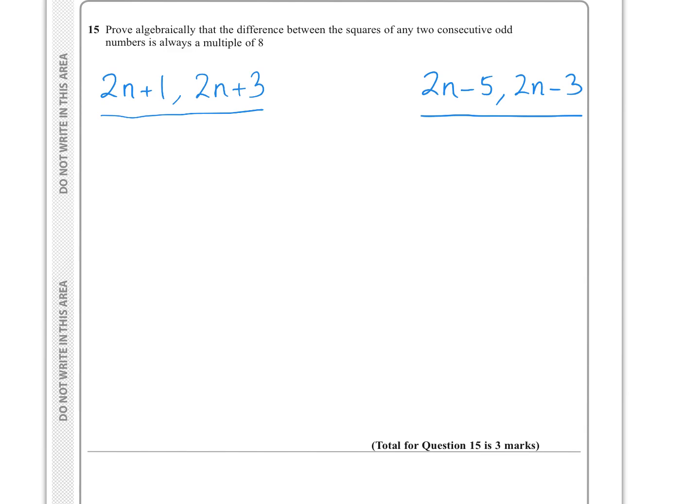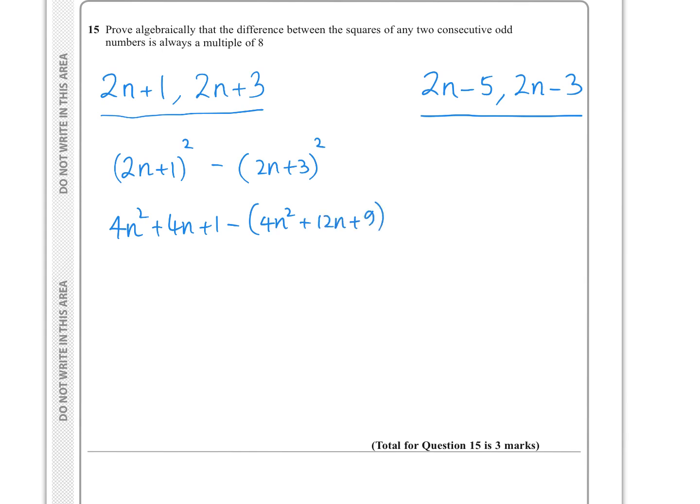So for the first one, it says that the difference between the squares of any two consecutive odd numbers is always a multiple of 8. So that's 2n plus 1 squared, take away 2n plus 3 all squared, or you can do 2n plus 3 all squared minus 2n plus 1 all squared, doesn't really matter. So we've got 4n squared plus 4n plus 1 minus, be careful, 4n squared plus 12n plus 9.